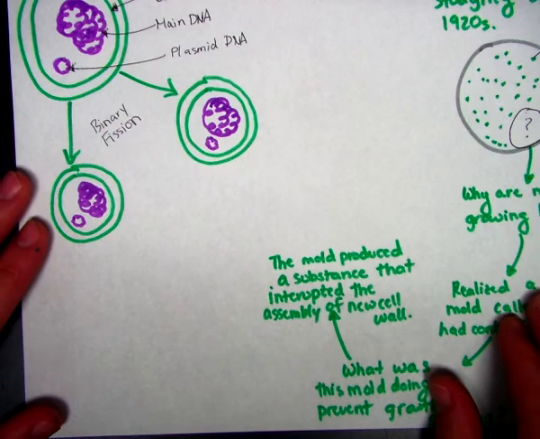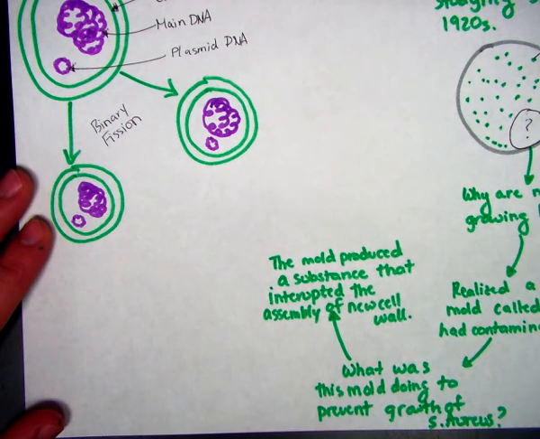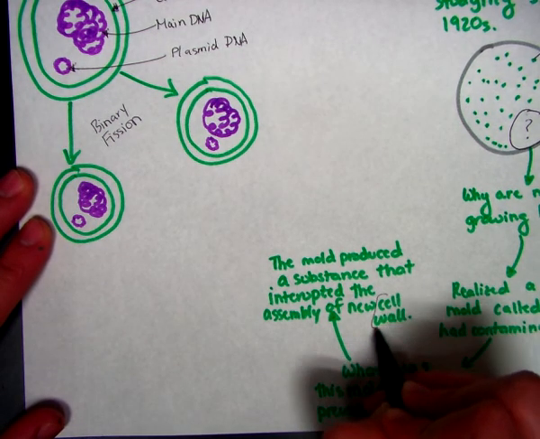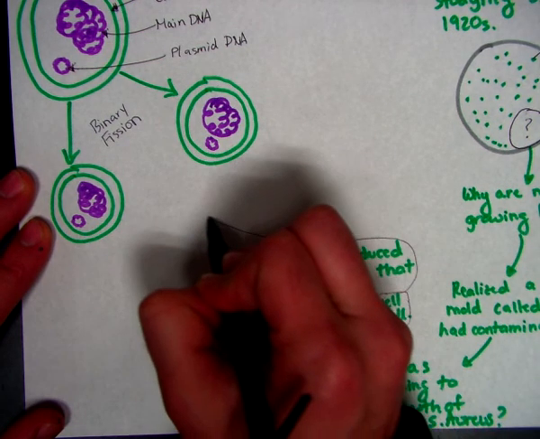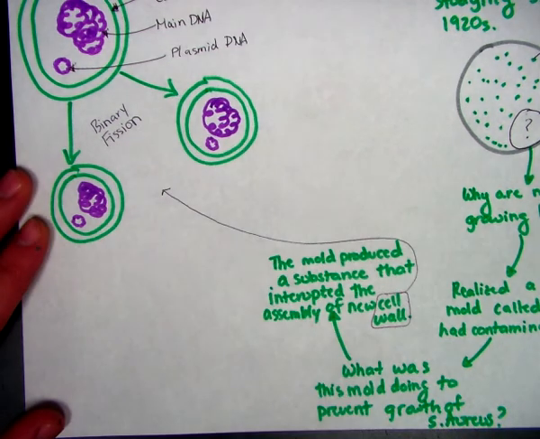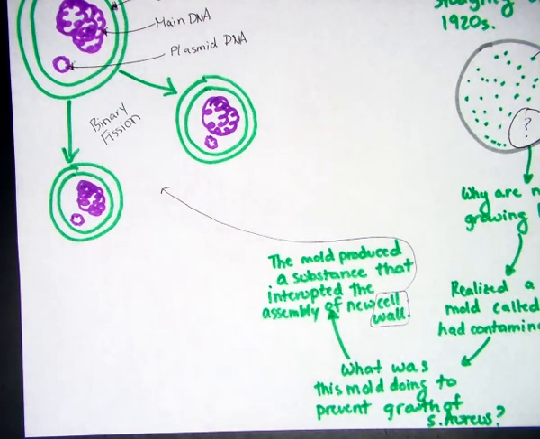So down here, I mentioned that mold produces a substance that actually interrupts new cell wall from being assembled into those new replicated bacteria. So if that can't happen, the bacteria can't replicate, they can't grow.